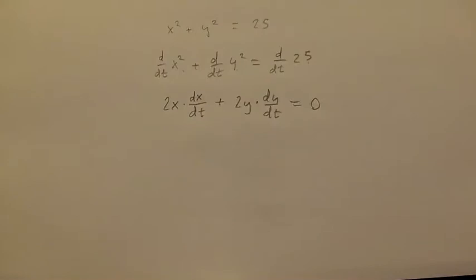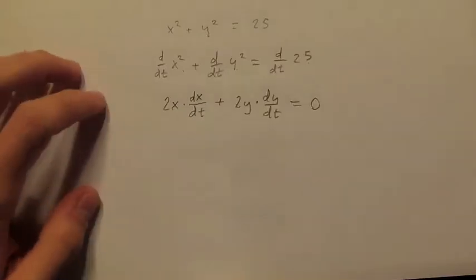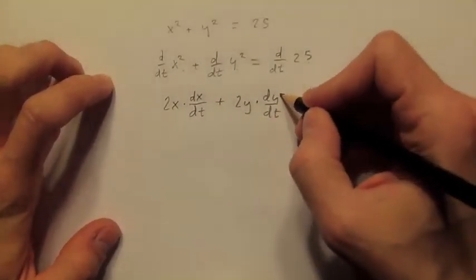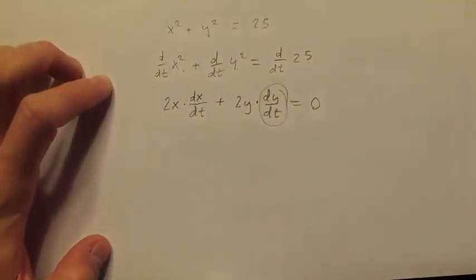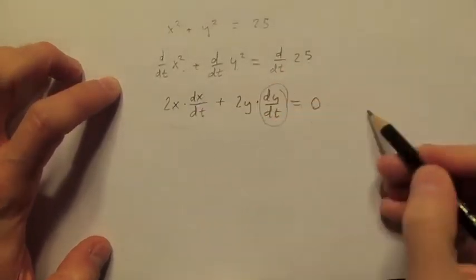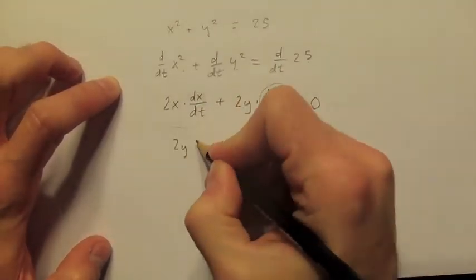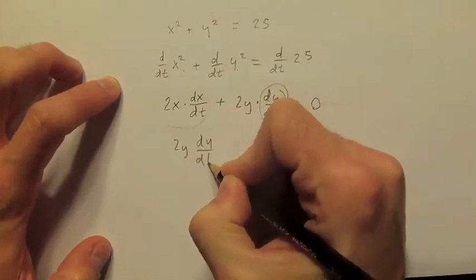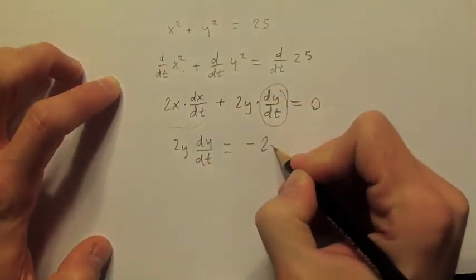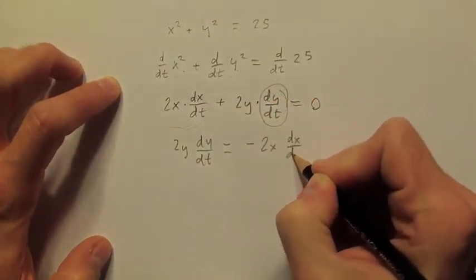That's just the way my mind works, because to me, sometimes these numbers get really messy when you plug them in, so I'd rather have it all on one side and simplify down, but it doesn't matter as long as you get the right answer out. But we're solving for this guy. So this term is going to move over to the other side, and I'll get 2y times dy over dt is equal to negative 2x dx over dt.